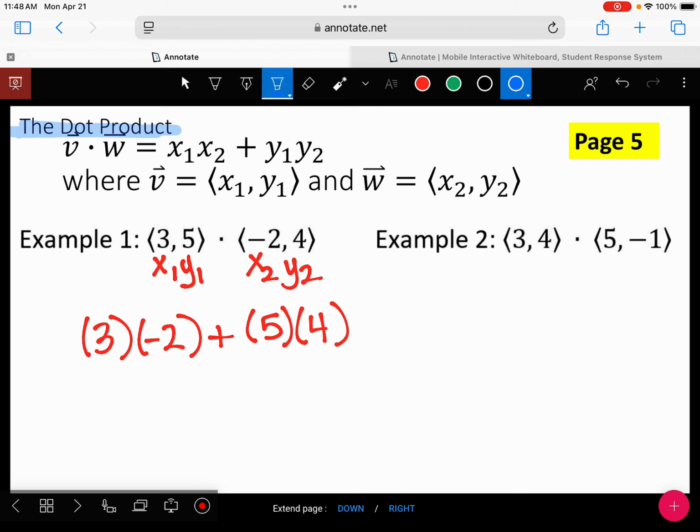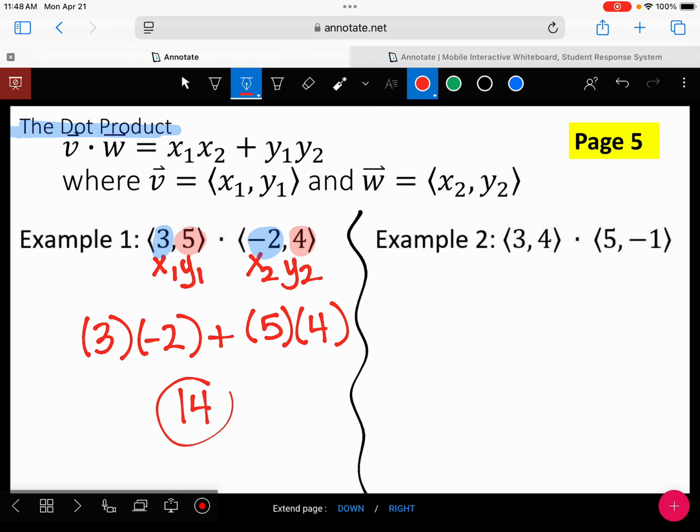So I'm multiplying these two numbers together, and then these two numbers together. Go ahead and figure out what you get in your calculator: 3 times negative 2 plus 5 times 4. I get 14. So that would be your dot product.